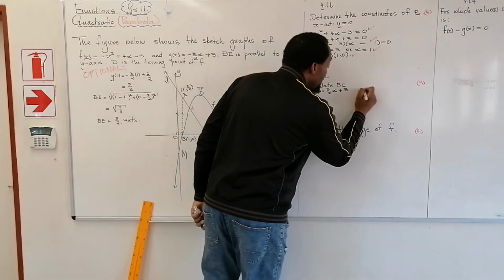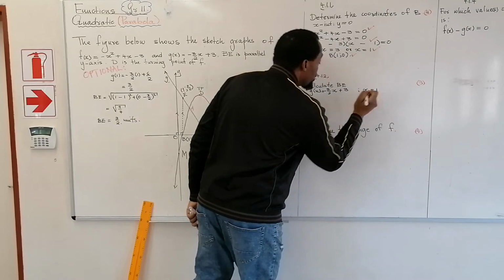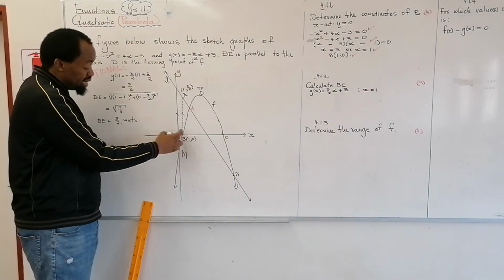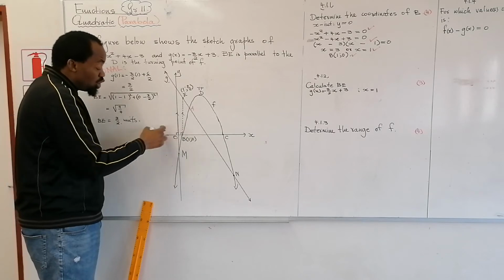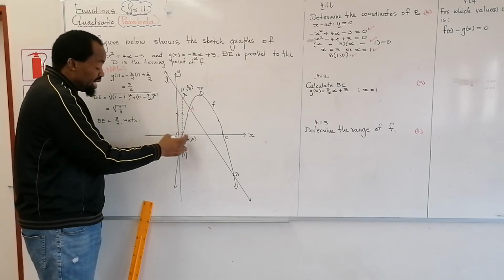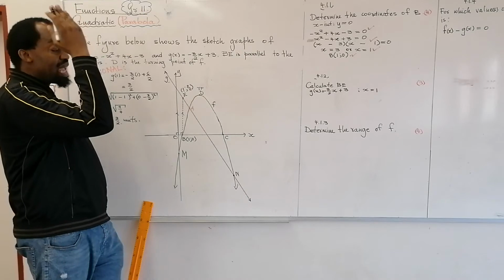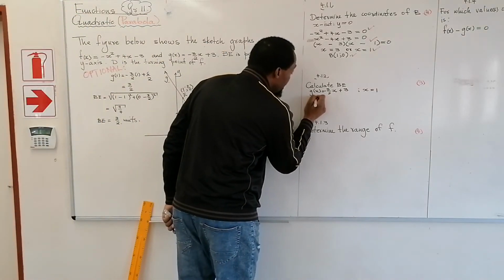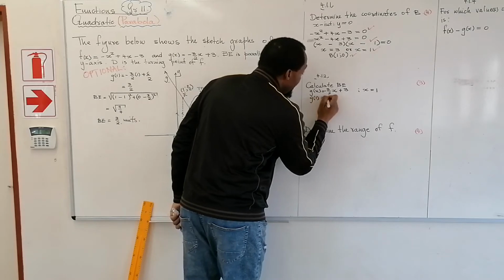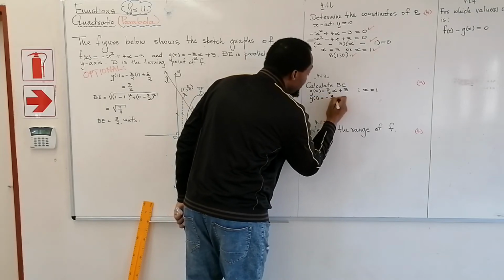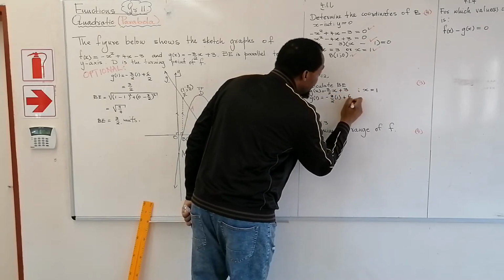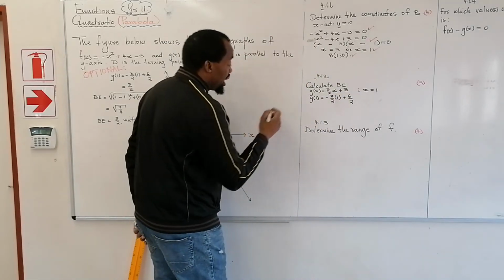Now, I know that x is equal everywhere. How do I know that? This line is parallel to this, therefore it means it is perpendicular to the x-axis. And the value of x is the same everywhere. Then I substitute. g of 1 is minus 3 halves into 1 plus 6 divided by 2, which is 3.